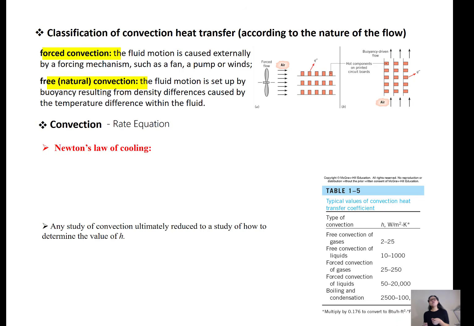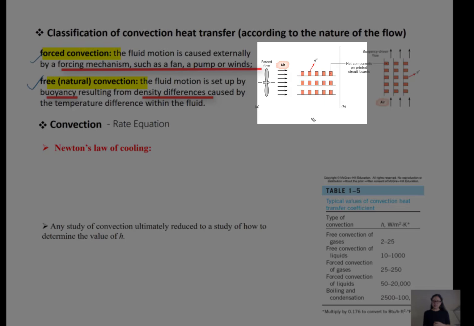It's about how fluid motion is induced. If fluid motion is driven by an external device, such as a fan, a pump, or winds, that is forced convection. If fluid motion is simply set up by buoyancy, that is free convection.